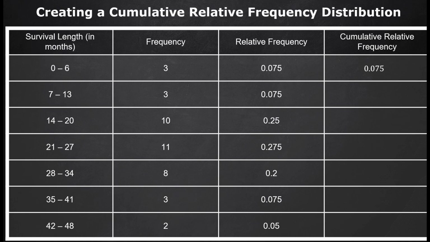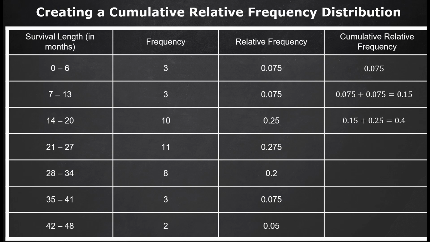We're gonna bring that first 0.075 down and add it to the next class's relative frequency, which is also a 0.075. We add those together, we get 0.15. And now we bring that 0.15 down and add it to the next relative frequency, 0.25.